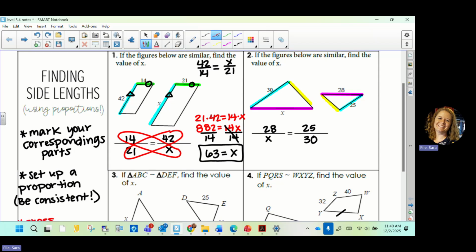I'm going to cross multiply. Okay, so I'm going to do the 25x and 28 times 30 is 840. And then I end up dividing out that 25.